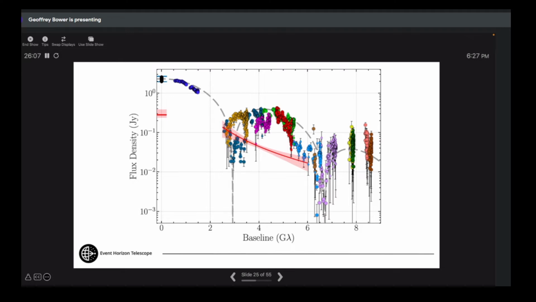So the dashed line that's shown here is a Bessel function, which is the Fourier transform for a thin uniform ring of a diameter of about 50 microarcseconds. And you can see two really key features, well, several key features.